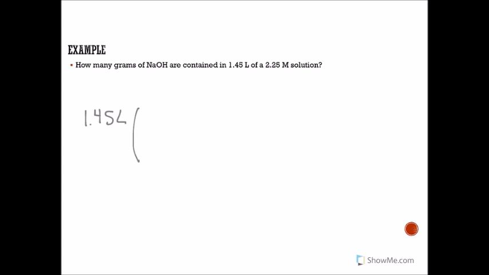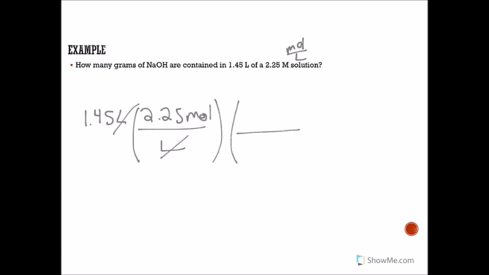Remember that big M means moles over liters. So liters has to go on the bottom. 2.25 moles goes on the top. Liters cancels out. And then we want to convert to grams because our answer is looking for grams.